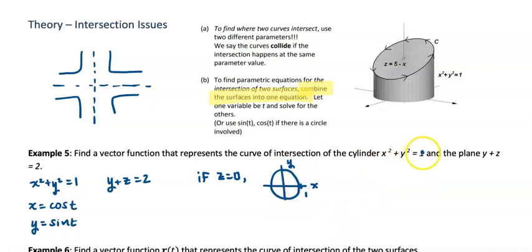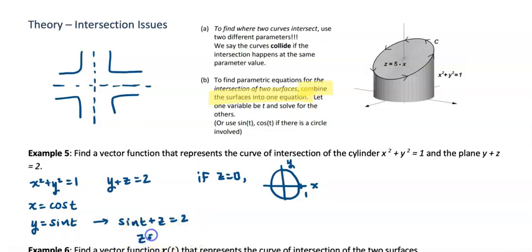So that's what this equation would look like if z is 0. I also know that I can describe that by calling my x value cosine of t and my y value sine of t. So that's just because I know that this describes a unit circle. Now what about z? Well, if x is cosine of t and y is sine of t, then I can find z by taking the sine of t plus z being equal to 2.